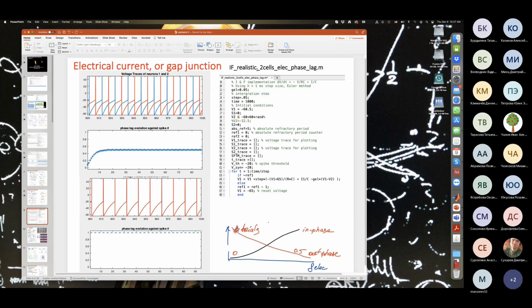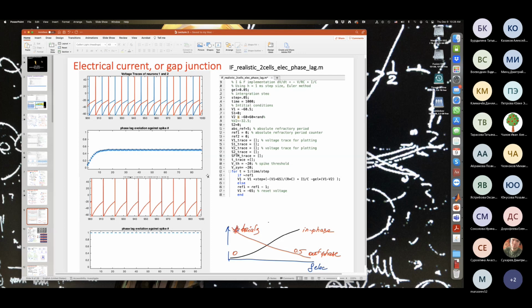I can do it for you later today. Then you gradually increase G electric, make it slightly stronger, and click run again. Let me just do this to illustrate.